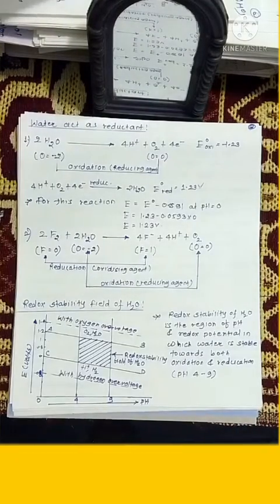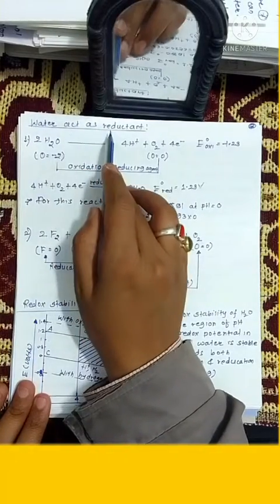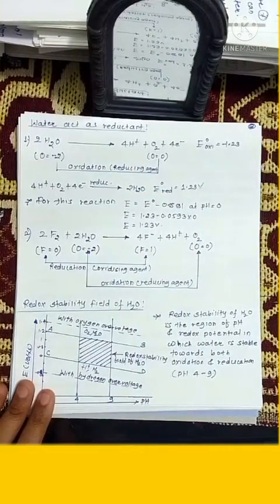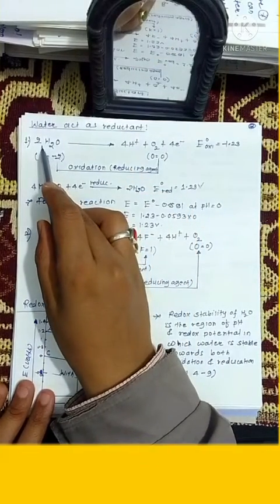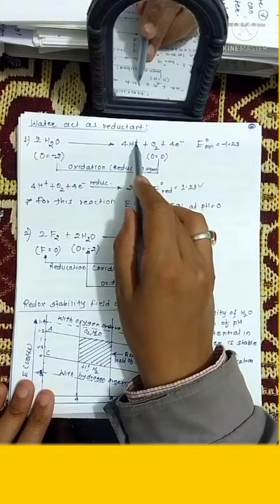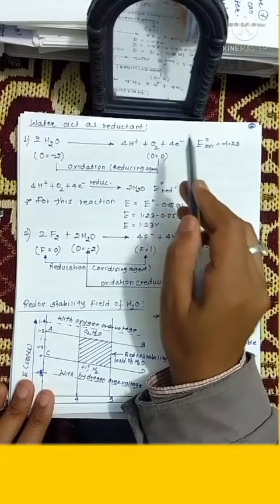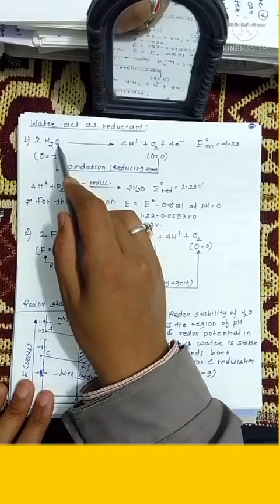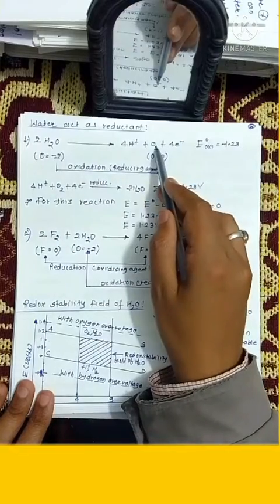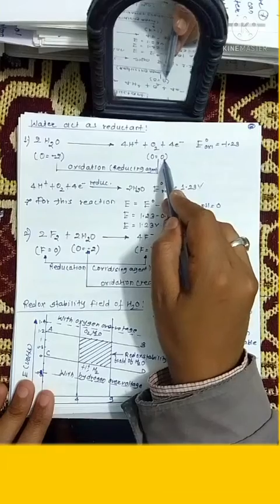Now we are going to see the case in which water acts as a reductant, that is, a reducing agent. Just see in this reaction, water gives 4H+ ion, oxygen is liberated, plus 4 electrons. In this case the oxidation state of oxygen is -2, while here the oxidation state of oxygen is 0.